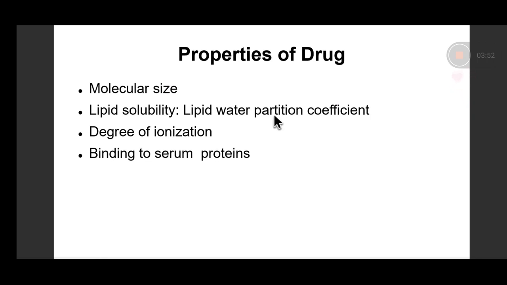Lipid solubility, lipid-water partition coefficient. The cell membrane allows lipid-soluble, non-polar drugs to move across. So it is only lipid-soluble, non-polar compounds which are non-charged that can move across the cell membrane.